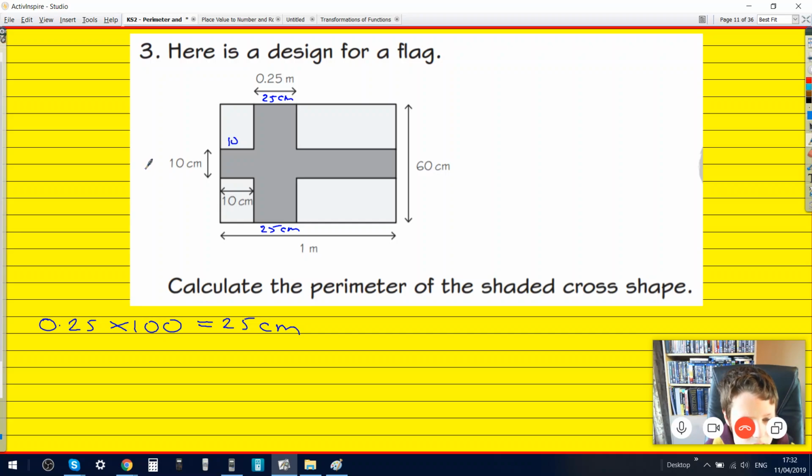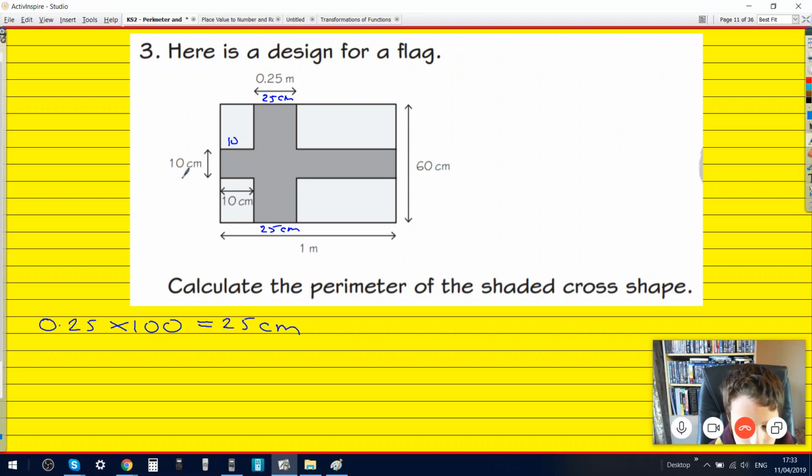Well, 50 plus 10 is 60. So the slightly longer side must be 50. Actually, wait, no, they can't be. One side won't be 50.